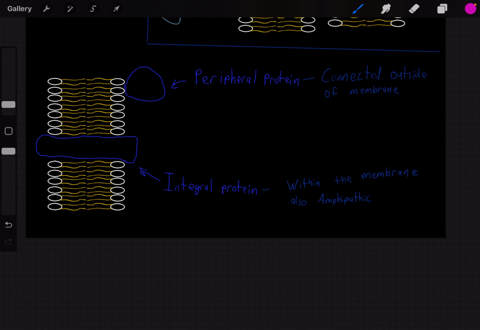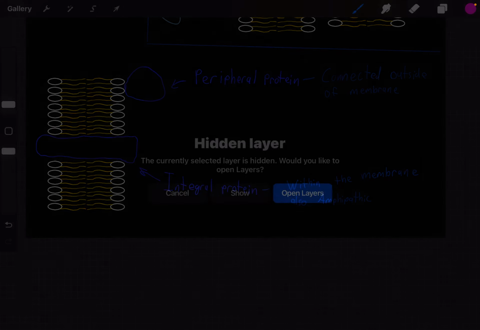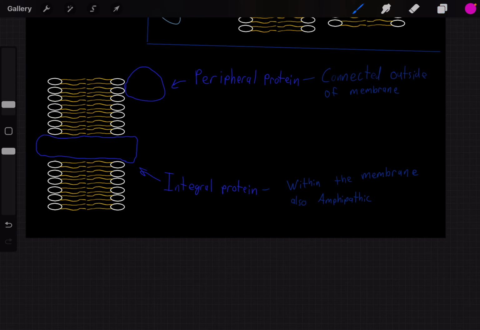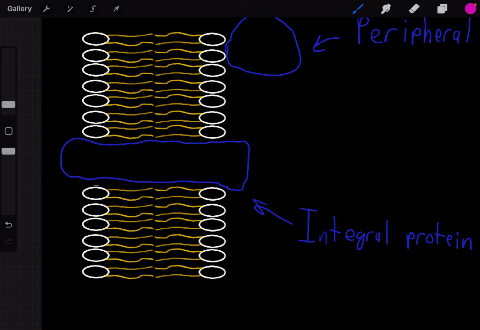We have two types of proteins: an integral protein, which is inside the membrane and is usually amphipathic, meaning hydrophobic and hydrophilic, because as we can see, this part right here is exposed as hydrophilic, or this whole area right here. And then this part right here, this inside, is a hydrophobic part.